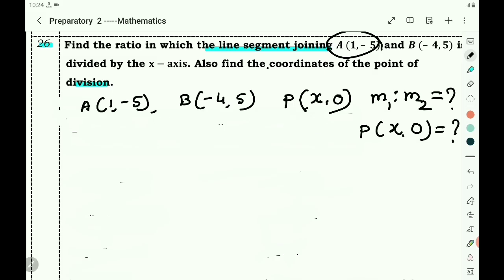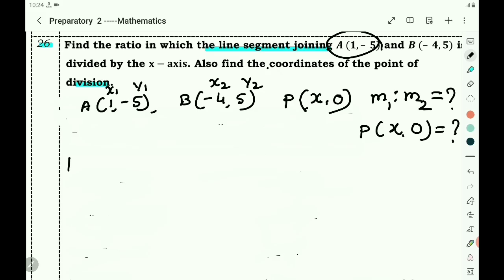It is divided by the x-axis, means we have to write the section formula. Ratio is to be found out, then you write the section formula. Write (1, minus 5) as x1, y1, and (minus 4, 5) as x2, y2.